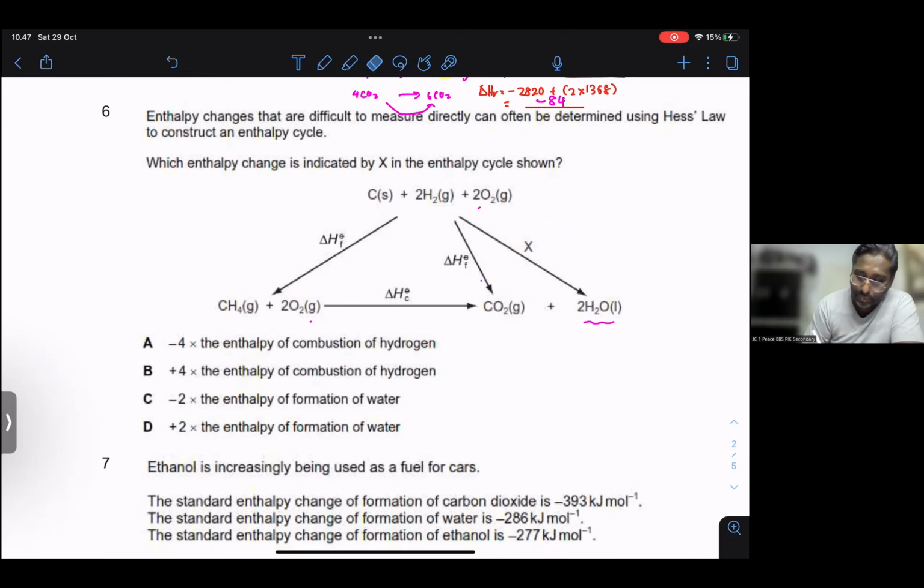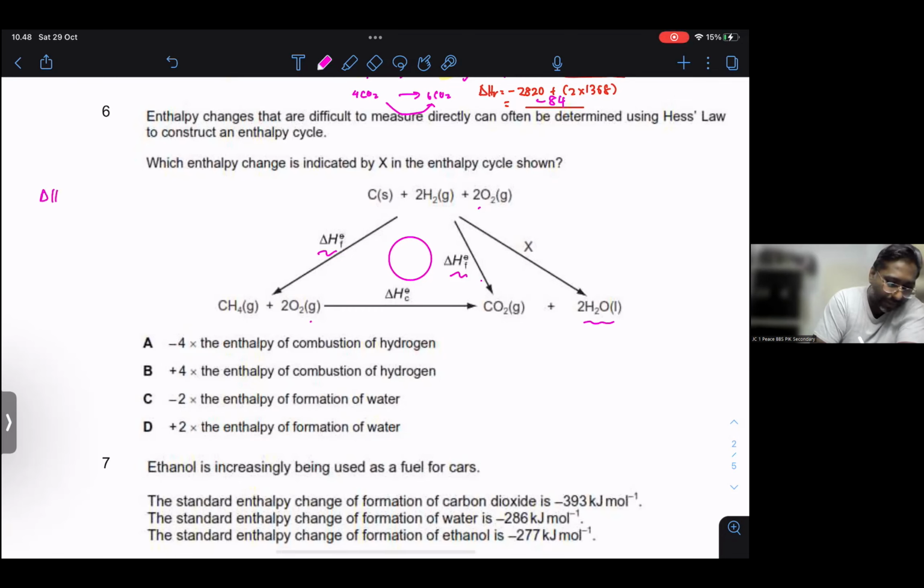Okay. So here, this is enthalpy change of formation. So 1 mole is okay, combustion is okay. So first of all, you put them into this cycle. So clockwise equals anti-clockwise.